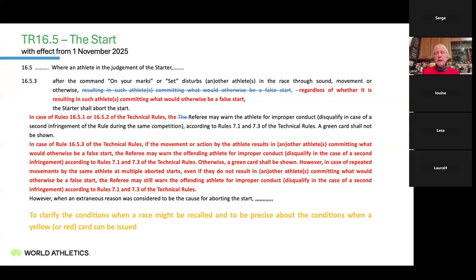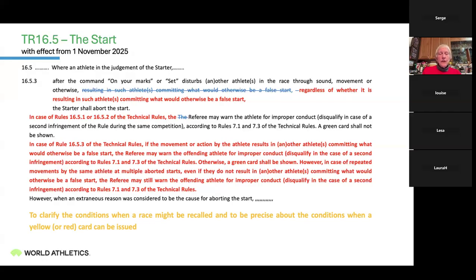So if an athlete keeps disturbing the start, even if it doesn't cause a false start, the referee may award them yellow or red cards. And then the rest of the rule about extraneous reasons is still there. I'm not going to go through that because that didn't change.